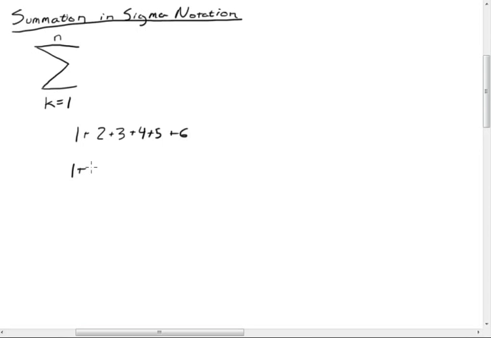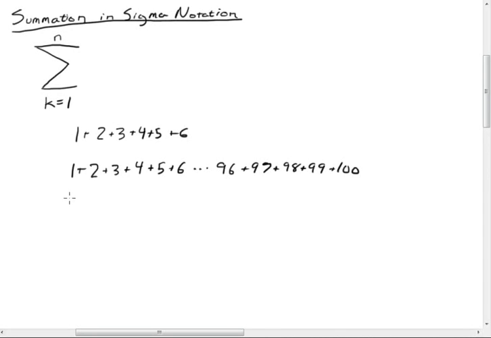Well, you'd be here all day doing 1 plus 2 plus 3 plus 4 plus 5 plus 6, dot dot dot, 96, 97, 98, 99, 100. So they invented the shorthand, which would be sigma notation.